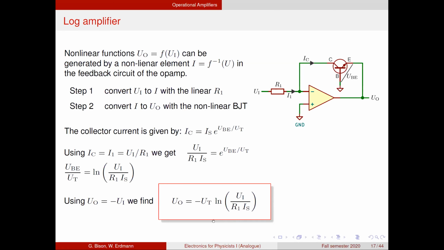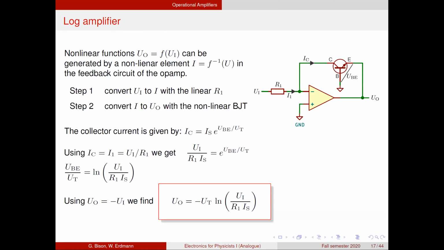Okay, and this is a typical behavior. If we put an element in the feedback branch of the amplifier, then we get the inverse of what that element does. Yeah, so this produces an exponential voltage current relation, and what we get is a logarithm.